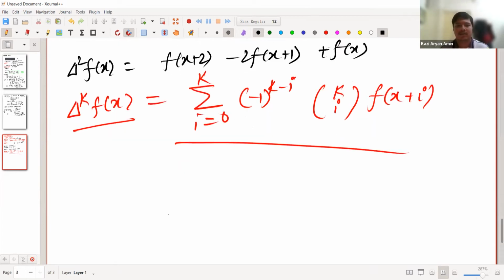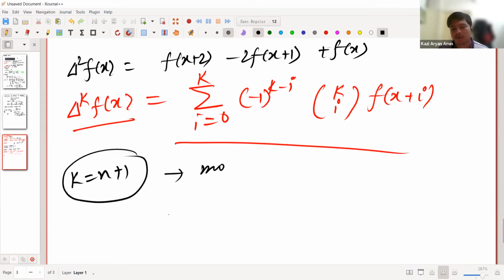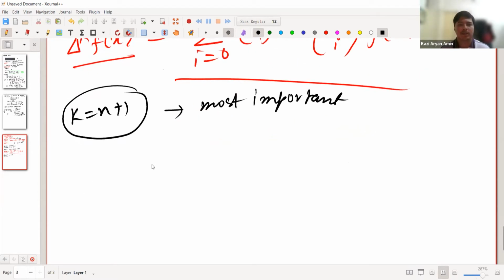So the most important case is when k is equal to n plus 1. This is the most important case, which actually tells you something about the polynomial. And what it says is something like this.